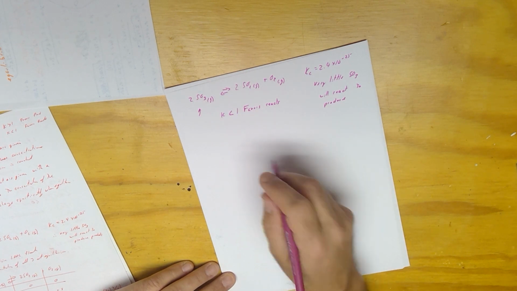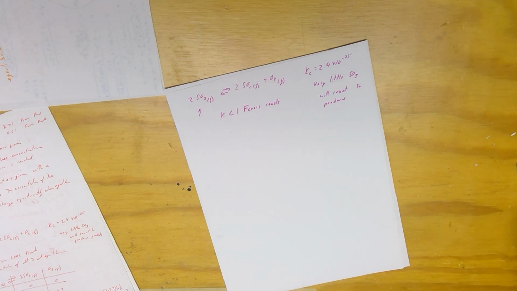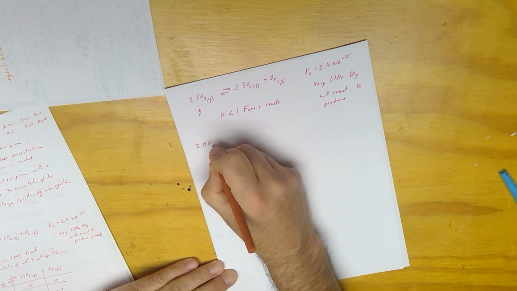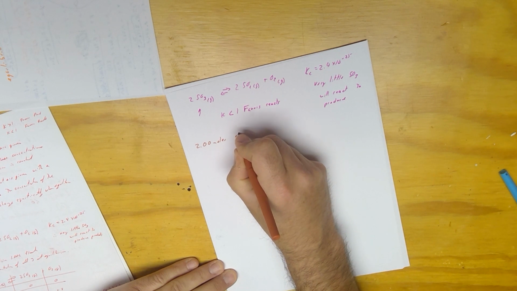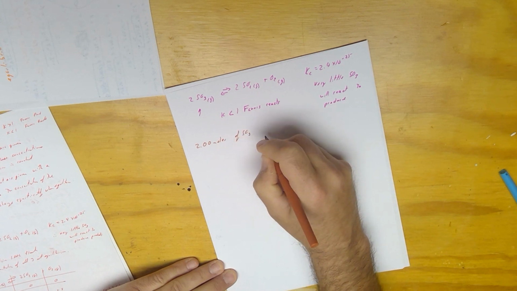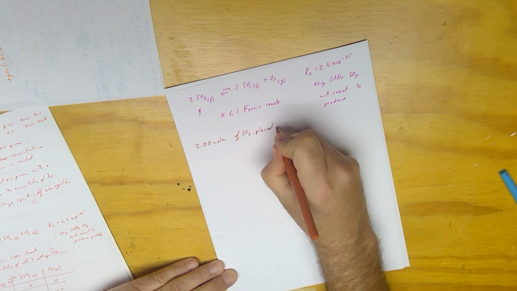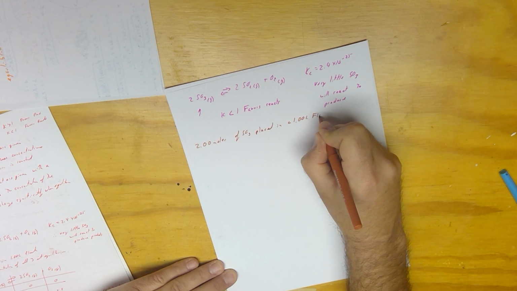Okay. All right, so now let's say that we have 2.00 moles of SO3 placed in a 1.00 liter flask.